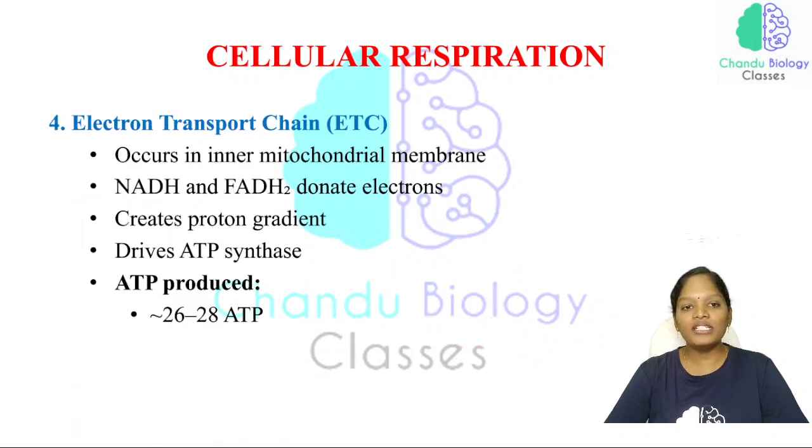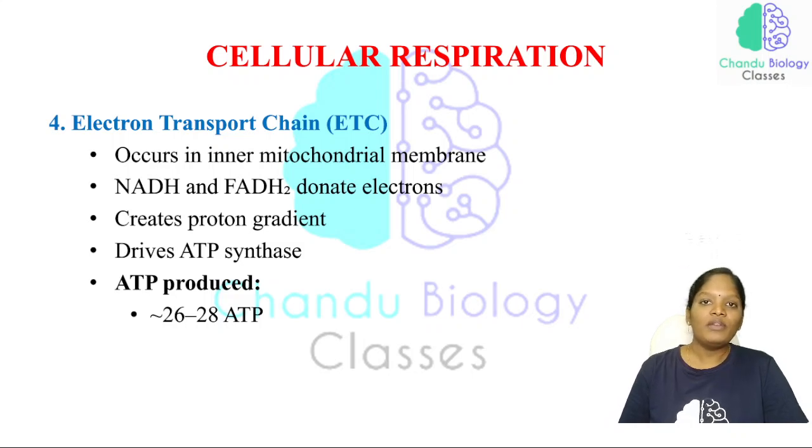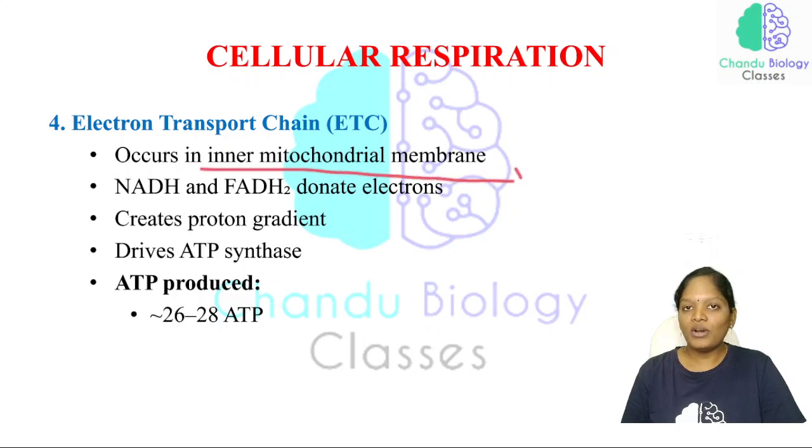Now the fourth important stage is the electron transport chain. This occurs in the inner mitochondrial membrane.